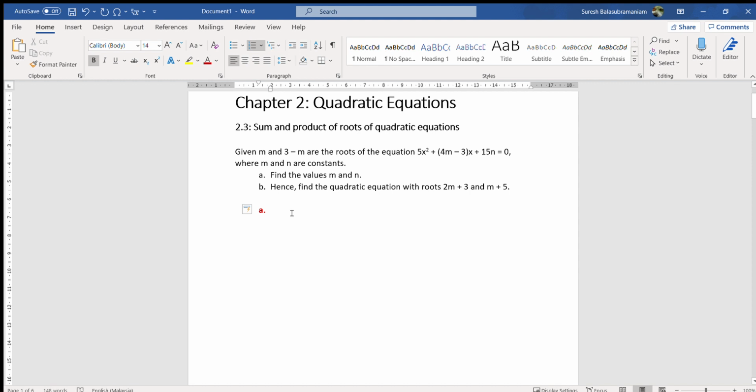So what I'll do, I'll write the quadratic equation first. 5x squared plus (4m minus 3)x plus 15n.